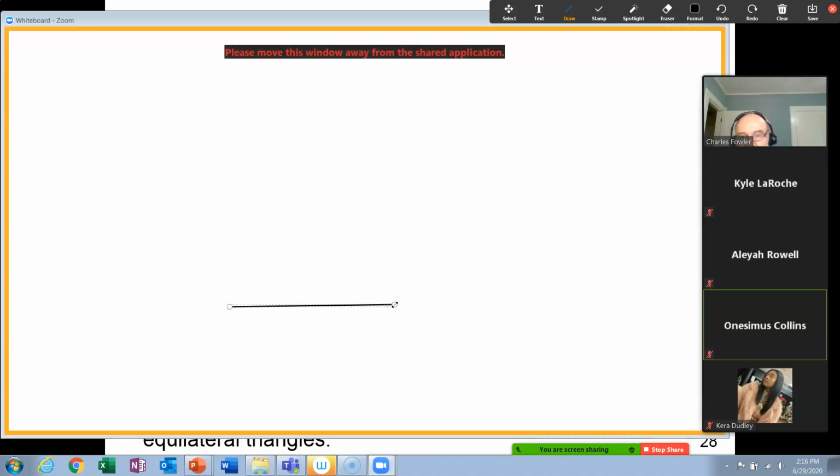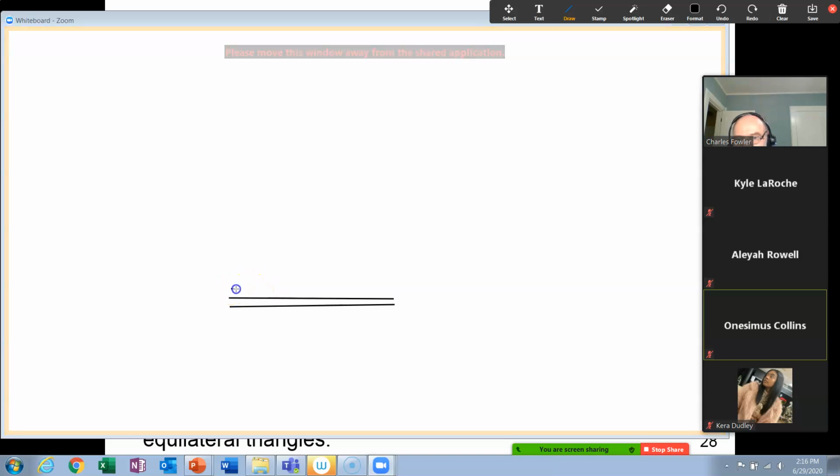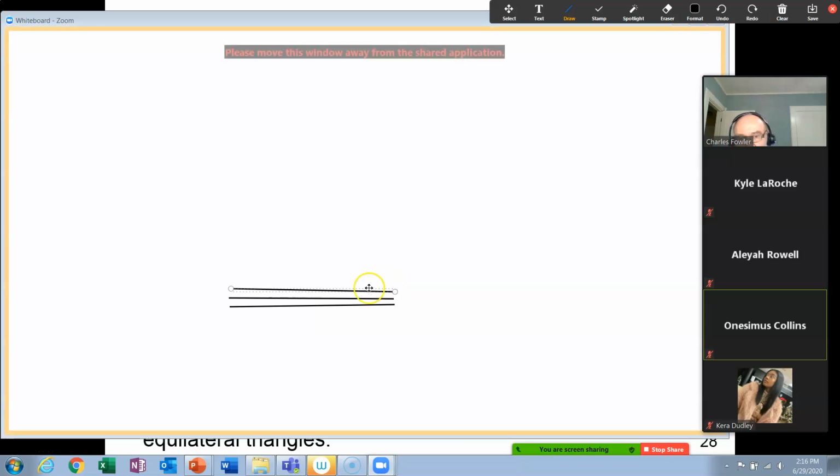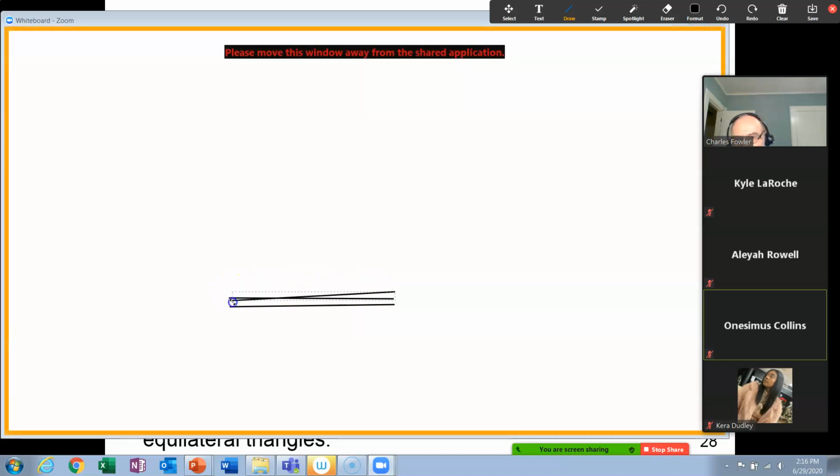Now I'm going to try to do another one of the same length, and another one of the same length. Now, these obviously aren't quite the same. They're not quite parallel, but I don't need them to be parallel. But what I'm going to do is take this one and move it down here.